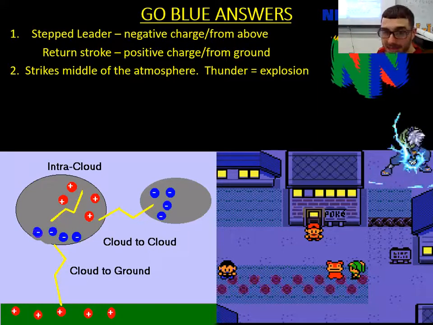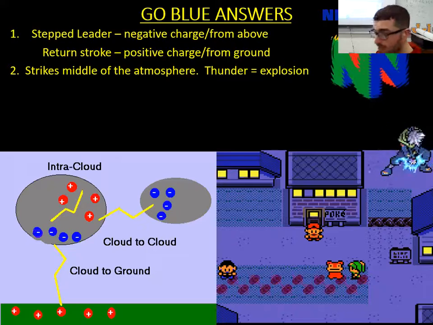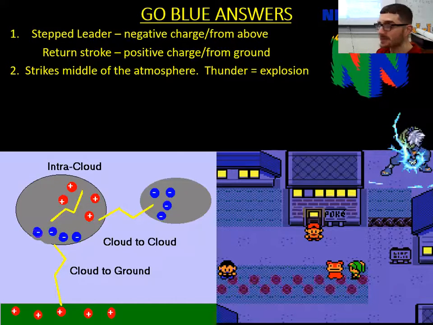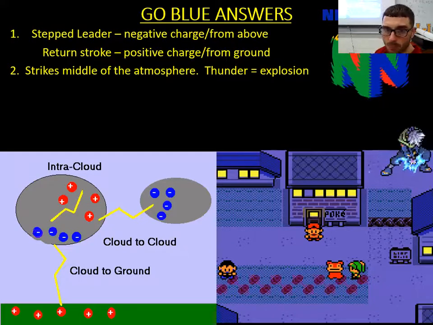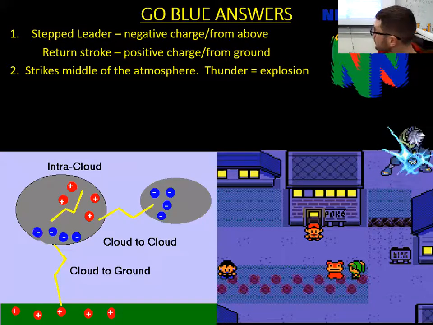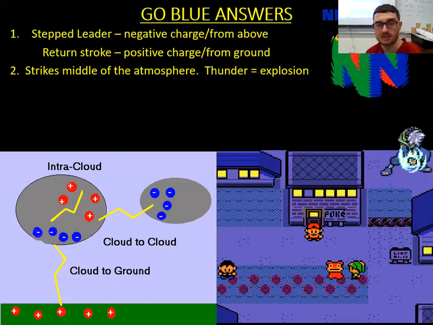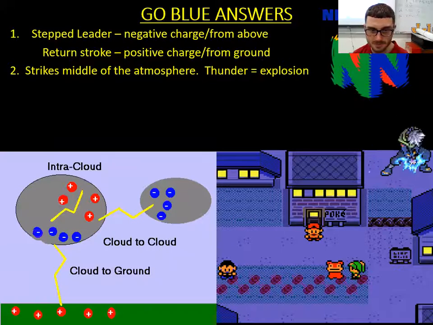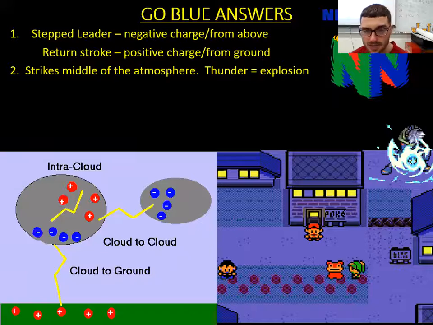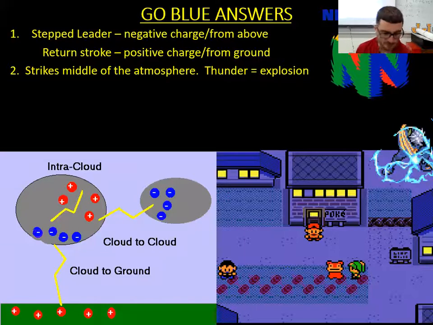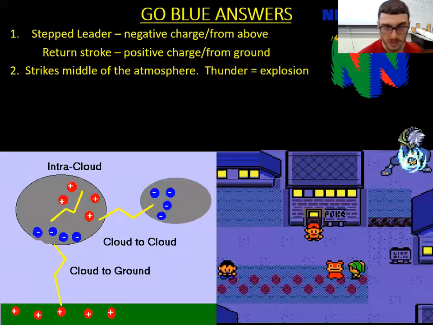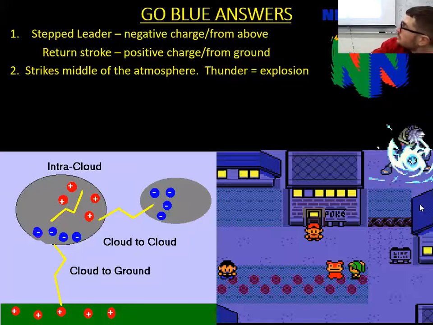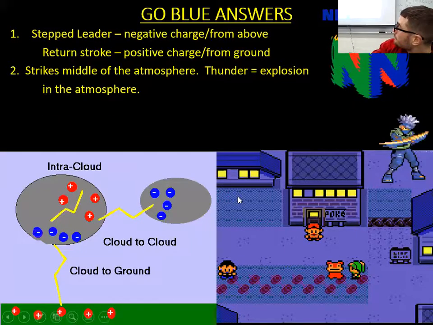So you're going to see the flash of light happen so fast, it looks like 1 bolt. But in slow motion, it's 2 bolts connecting at extreme speeds. The thunder is the sound of the explosion that is made from those 2 lightning bolts connecting in the middle of the atmosphere. It's an explosion that superheats the air up hotter than the surface of the sun. So that is thunder, an explosion in the middle of the atmosphere.